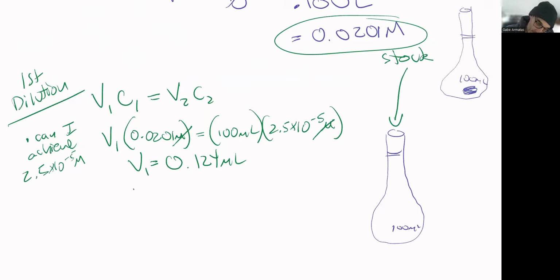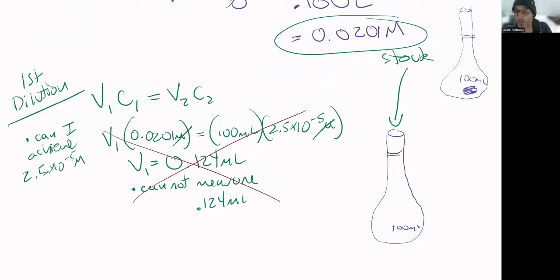I cannot measure 0.124 mils. I can only measure between 1 and 10. So this does not work. I will still move some of the stock to a 100 milliliter vessel, but we have to think about it. We need to do a second dilution.